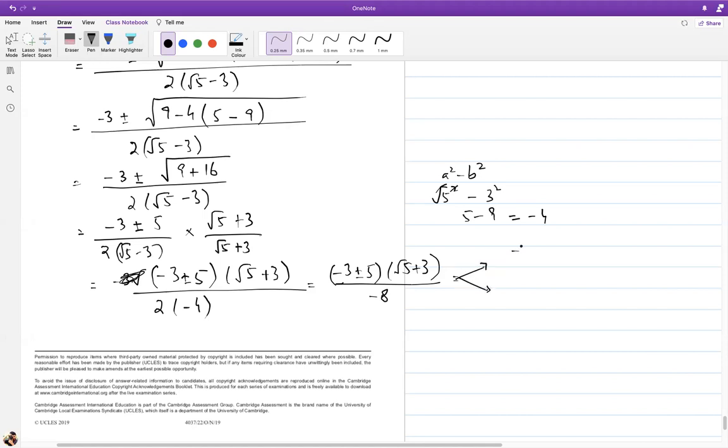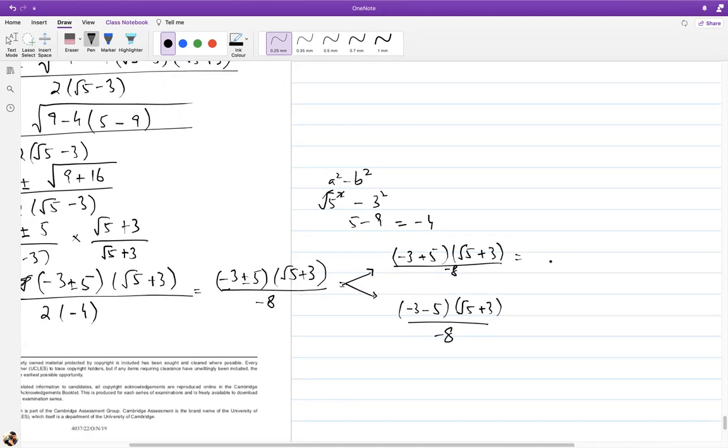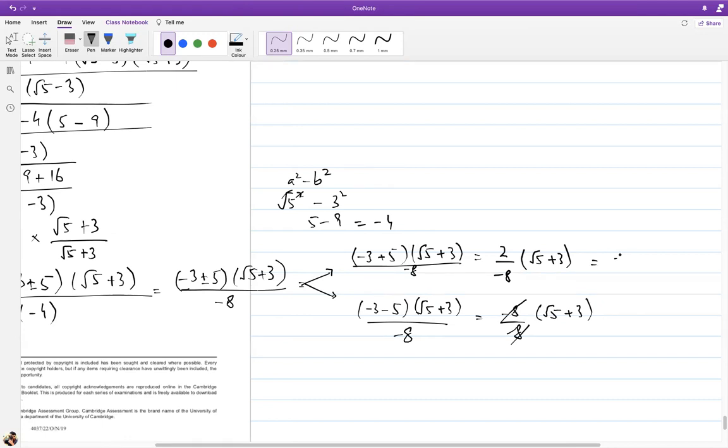One is minus 3 plus 5 multiplied by square root 5 plus 3, over minus 8. And the other one is minus 3 minus 5 into square root 5 plus 3 over minus 8. Obviously, this one will lead to 2 over minus 8 times this whole thing, and this one will be minus 8 over minus 8 into this whole thing. So that gives me a lot of easy options.